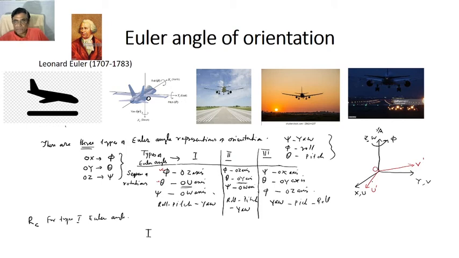This is the new OU axis, and you are looking from here. So counterclockwise, this is actually theta. Okay. So as a result of that, what will happen on the YZ plane? And what was this angle?